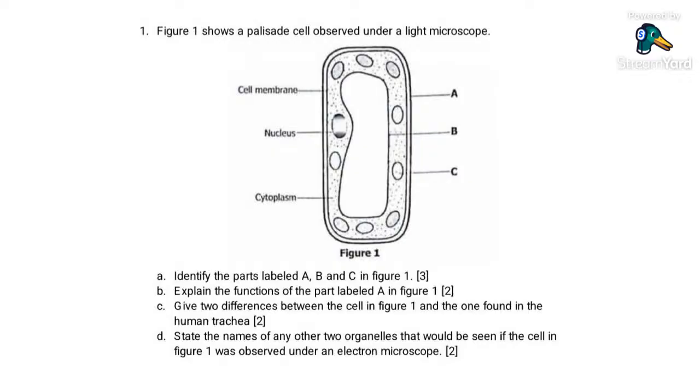So we've got an answer. Cell wall controls what goes in and out of the cell. Try again. We've got another one: to protect the cell from mechanical damage. It protects the cell against damage. What are others saying? Yes, it gives shape to the cell.